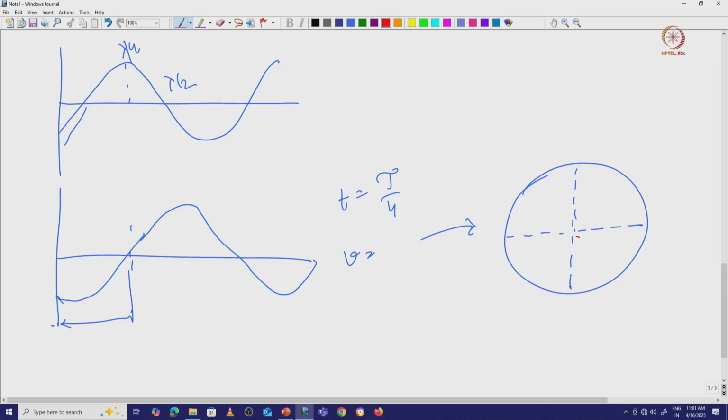Previously this was your wave, located here, but in the current situation the wave is rotated again. There is an angle change, a phase difference between this wave and that wave. If I consider this is wave number 2 and this is wave number 3, there is a phase difference between wave number 2 and 3, and there is a rotation. So now the new one will come like that.